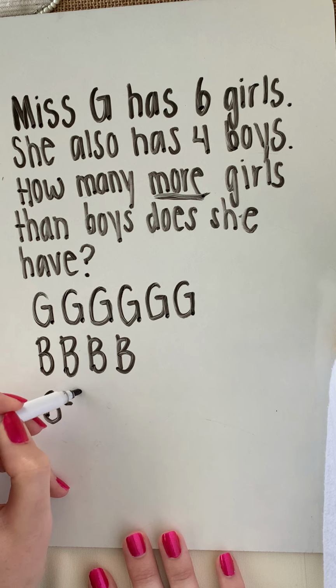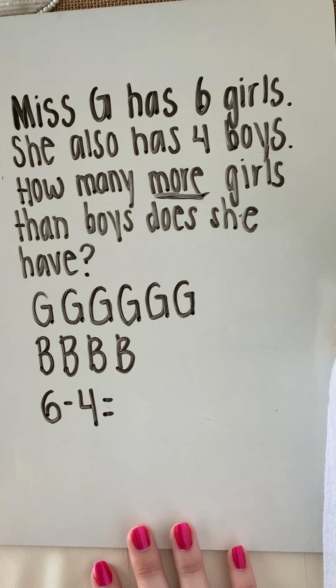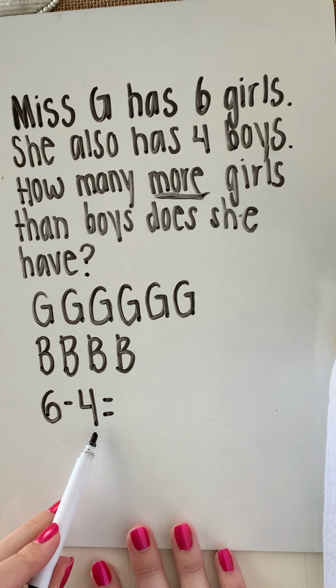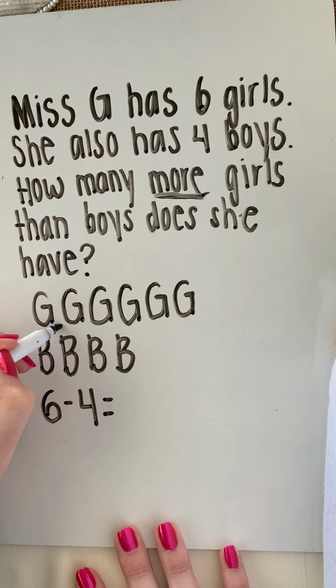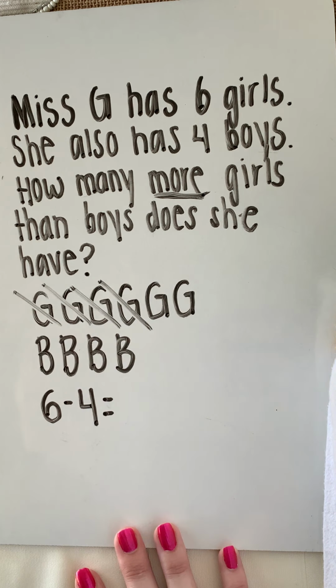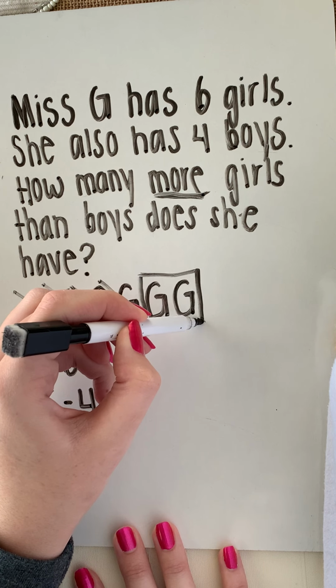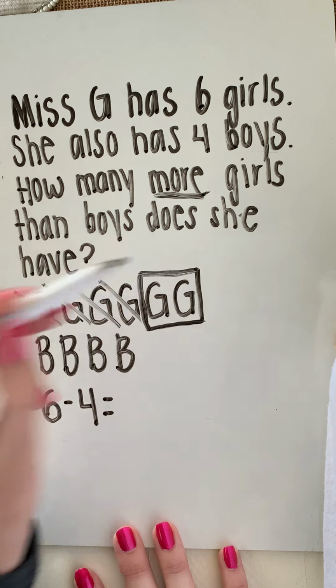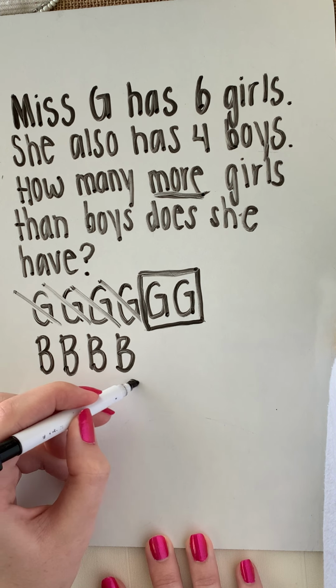6 take away 4. I am going to cross out 4 capital G's. 1, 2, 3, 4. I am left with 2 capital G's or 2 girls. 6 take away 4 equals 2.